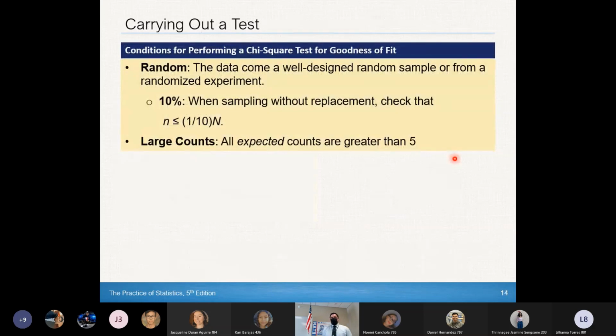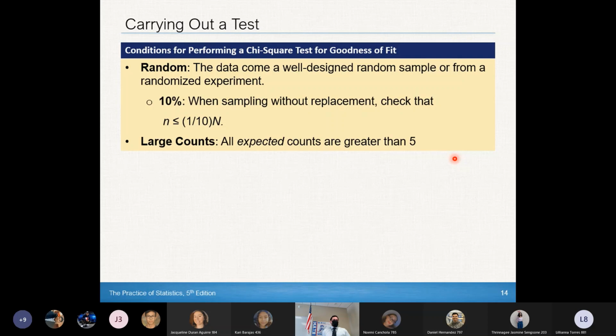Just as with every other inference we've done, there are conditions before we can do this type of thing. Our conditions for performing a chi-square test for goodness of fit are that it is random: the data come from a well-designed random sample or from a randomized experiment. The 10% condition is met when sampling without replacement: our sample size must be less than 10% of the entire population size.